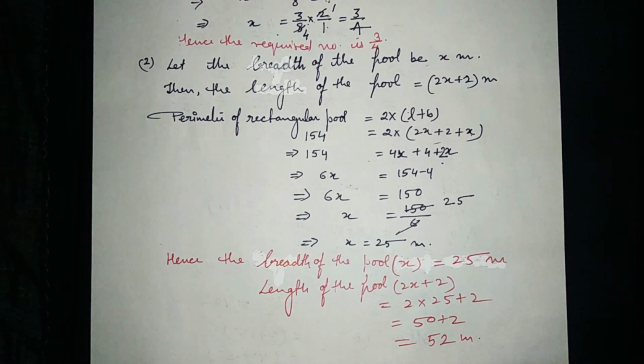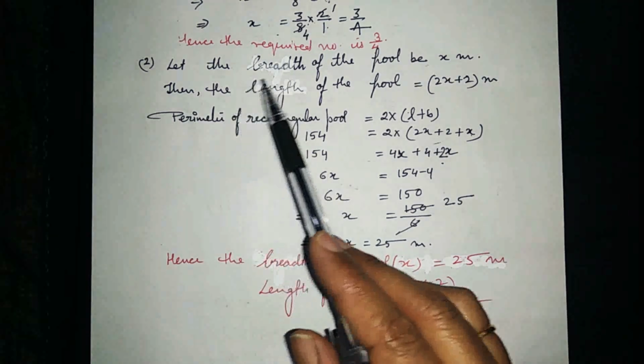Now see this sentence again in the question. Its length is 2 meter more than twice its breadth. What are the length and the breadth of the pool? So in this question, first we will assume the breadth.